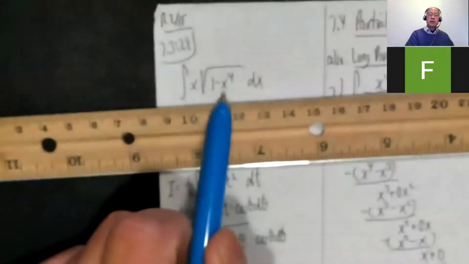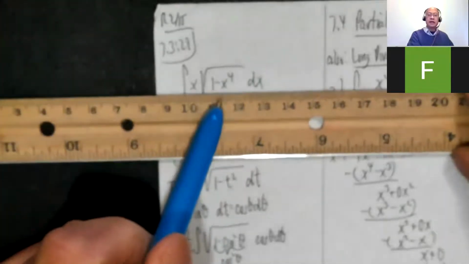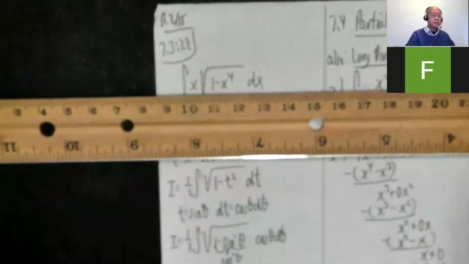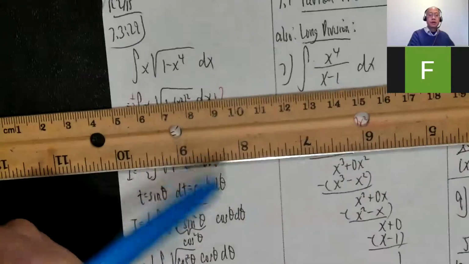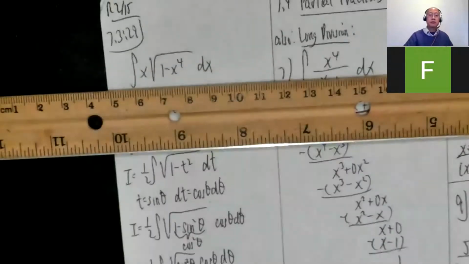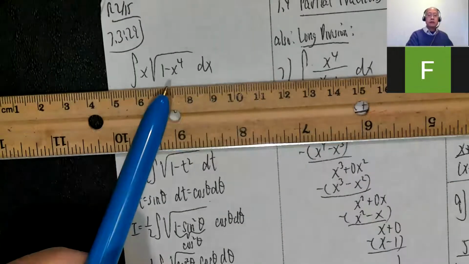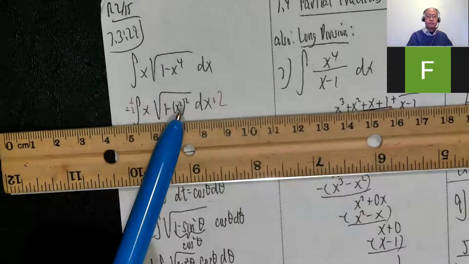Okay, so the game you play here is sort of like this. You sort of say to yourself, I wish this were x squared, because if I had x squared here, I can then do a U substitution. Okay, so what I'm going to do here is make this into 1 minus x squared squared.